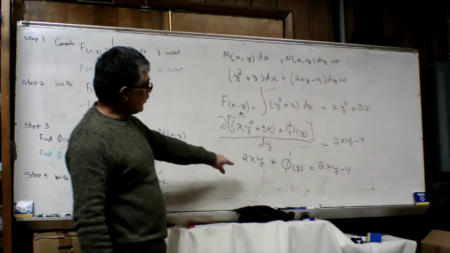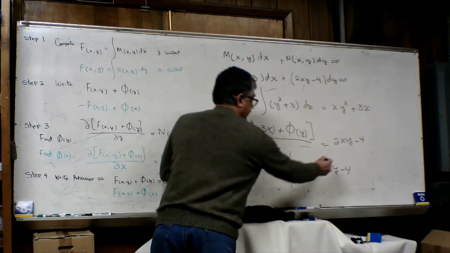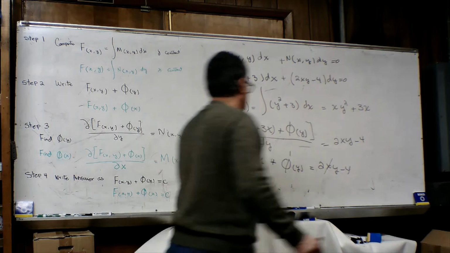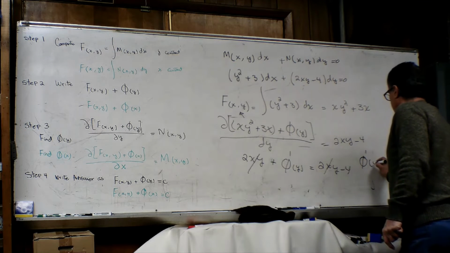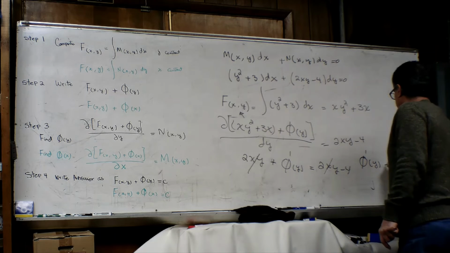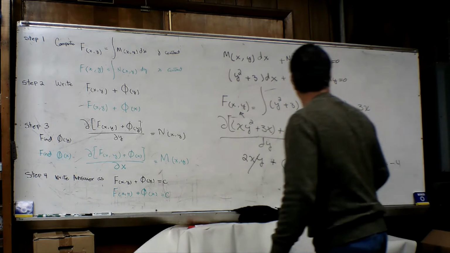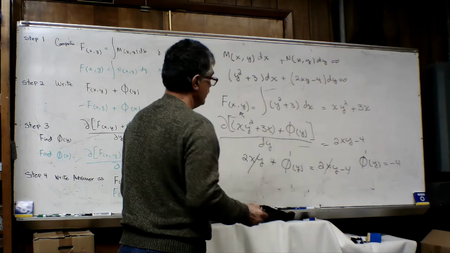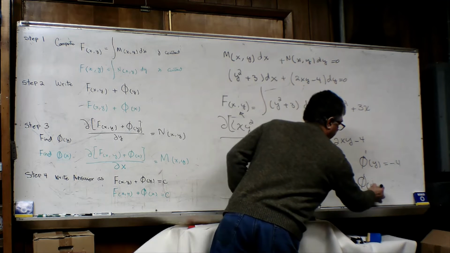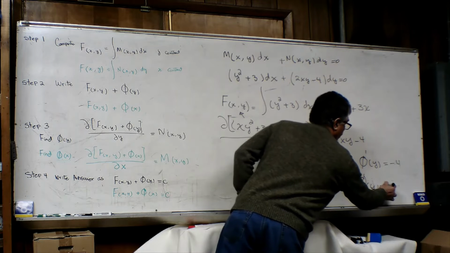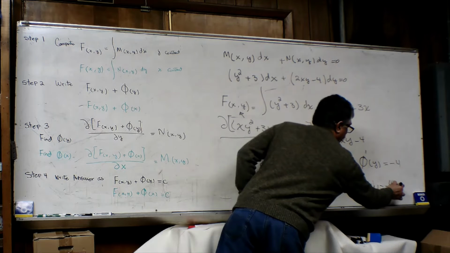On both sides of the equation, the 2xy will cancel out. So phi prime of y will be equal to minus 4. So phi of y will be equal to minus 4y.